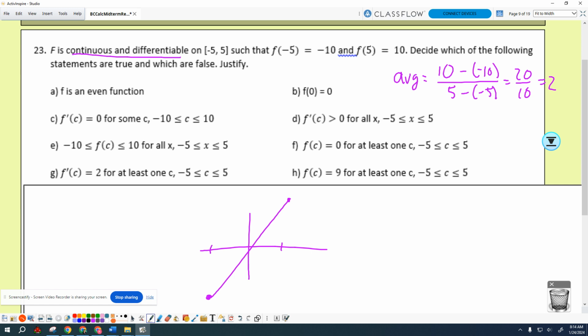The average equals 2. If the average equals 2, I could not possibly connect from this dot to that dot without creating that slope somewhere. If you're like, I'm going to sneak up on it this way, or go around the back way, nope, right there. The only way you can cheat is to violate one of these conditions, making it not differentiable or not continuous. So there has to be at least one. There might be several.